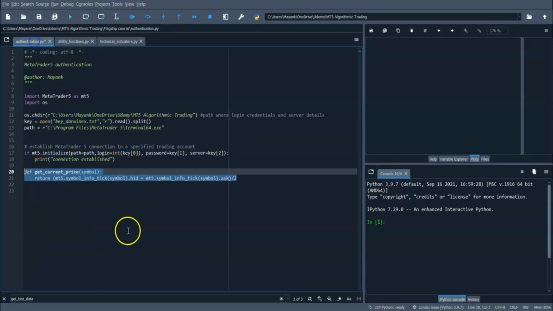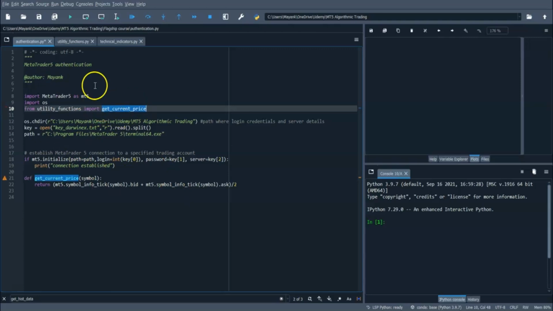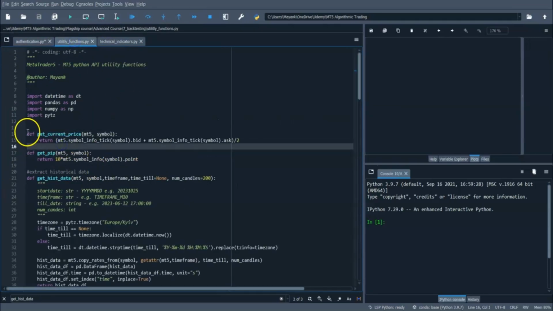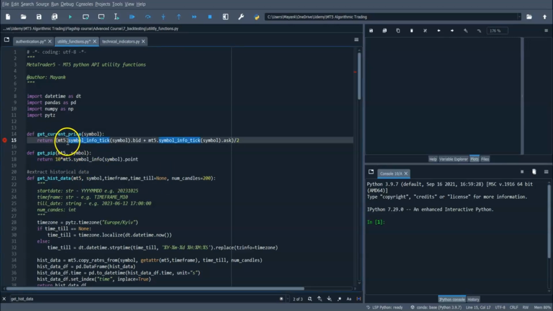So what will happen is that I will import this get current price function from the utility functions. This Python script will go to the utility function script and run this particular function. But if I don't have MT5 here, it's a problem because I am not importing MT5 here and I'm not authenticating MT5 here. So if I remove MT5 as an argument, this doesn't make any sense.